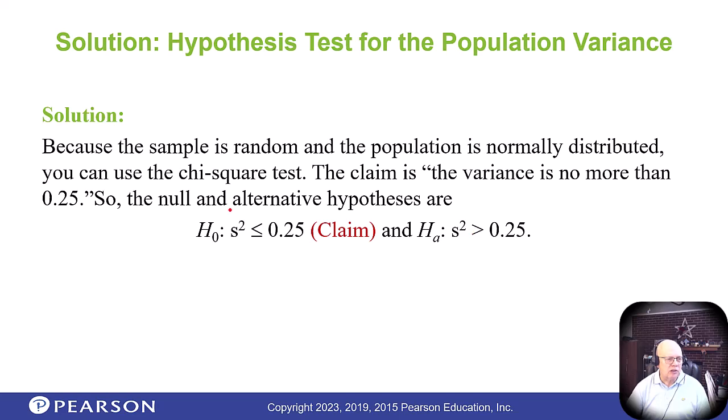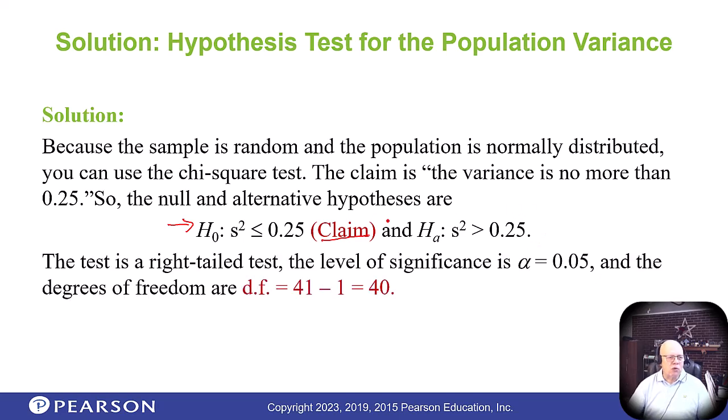So here's our null hypothesis, as we found. Label the claim there because that's the claim, and you've got your alternate hypothesis. It's a right-tailed test. Of course, the alternate tells you what direction is that hit. It points to the right. So your rejection region will be over here on the right.